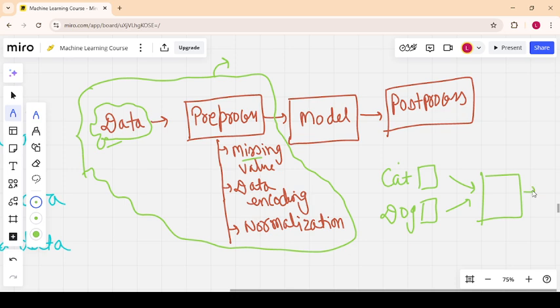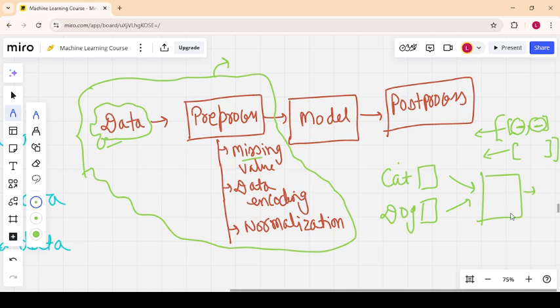After the model is trained, it will predict the output in a format like this. We have two samples, so it will give an answer in this format. We have two classes, and for each we get a probability. This is for the first example, this is for the second example.